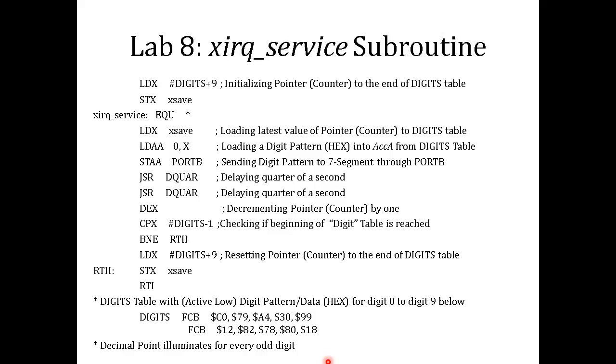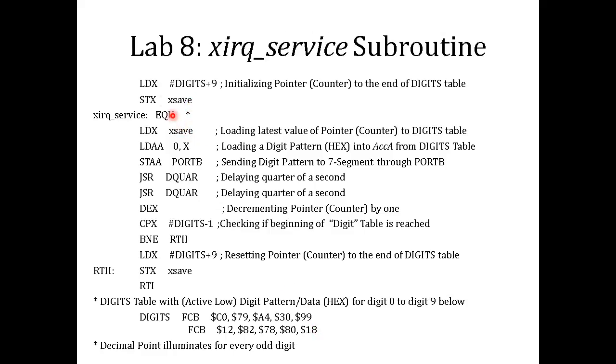Because every time, remember we talked about this in the class in our last lectures, whenever you use a label and then you say FCB, anytime you mention digit, it actually loads the address of the digit. So basically you are loading the address of 18 into index register X.